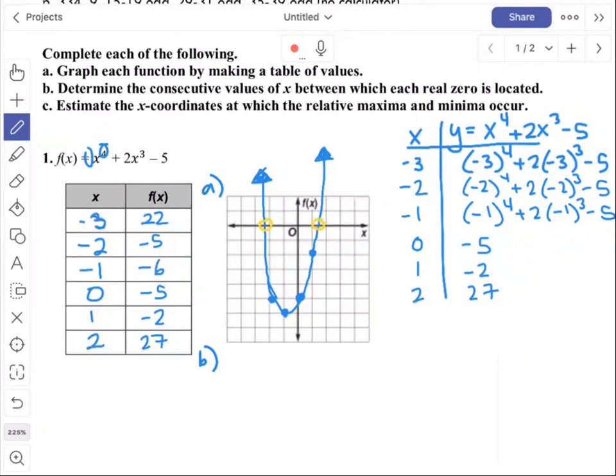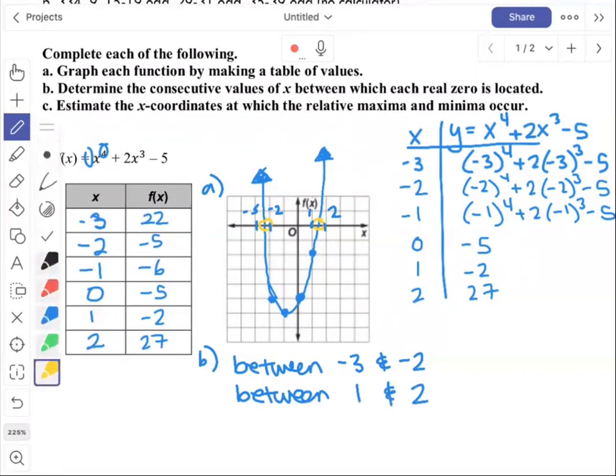One is between when x is -2 and when x is -3, so between -3 and -2. And the other one is between 1 and 2.